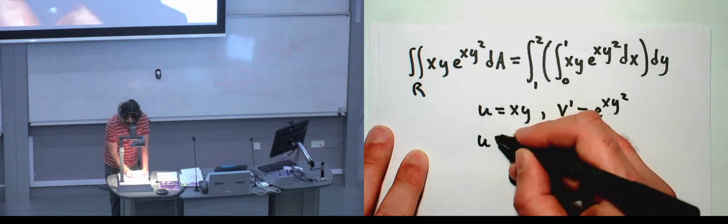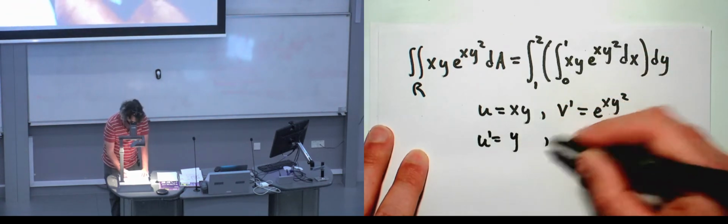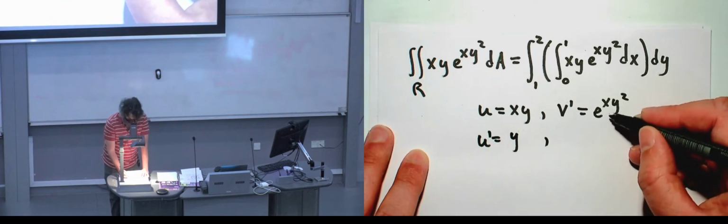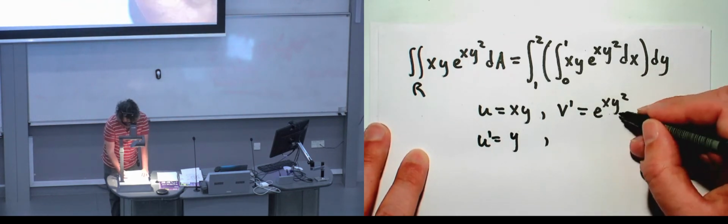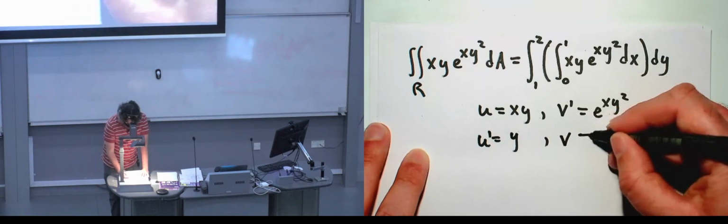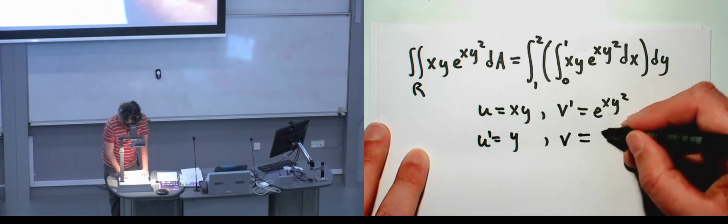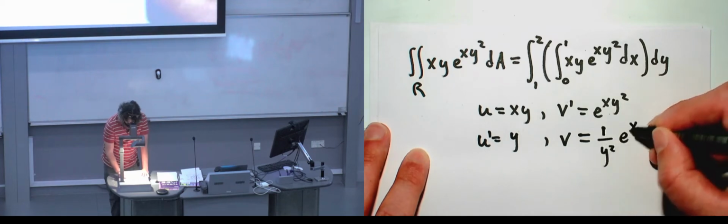Then the derivative with respect to x is just y. And you integrate this one with respect to x, you get, let's see, v would be 1 over y squared e to the xy squared.